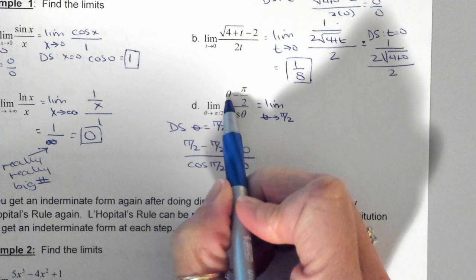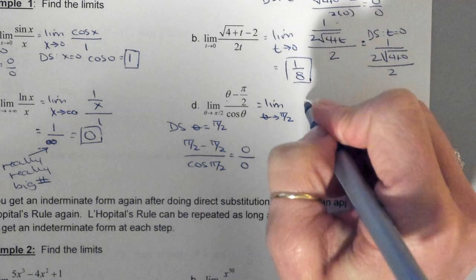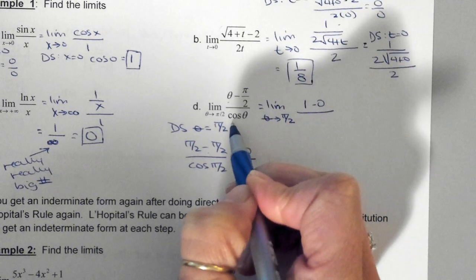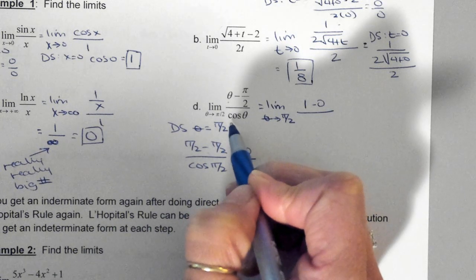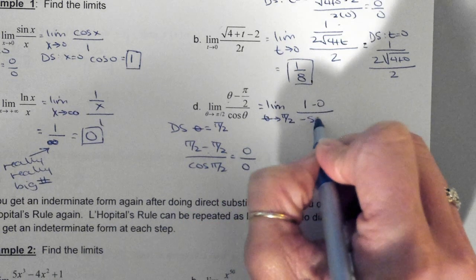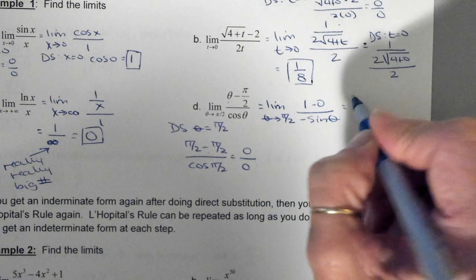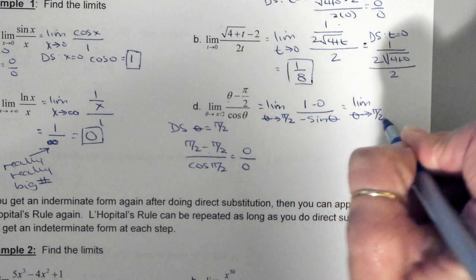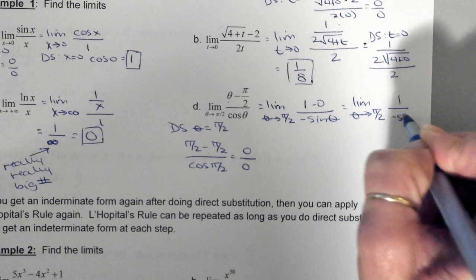Wait, what's the derivative of this? It's 1. Okay, so this is 1 minus 0, or 1, over, what's the derivative of the cosine? Negative sine. Okay, so basically what we have is the limit as theta approaches pi over 2 of 1 over negative sine of theta.